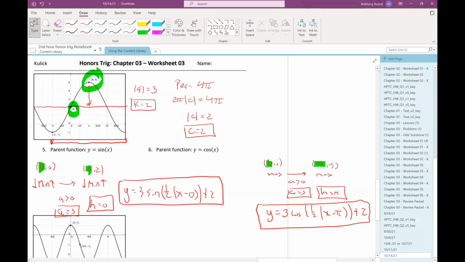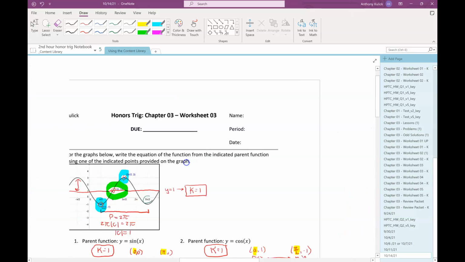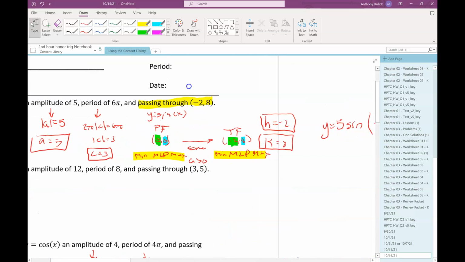Oh, okay, so the k will have to be the same in a picture. And even if you have a problem where the point you're given is specific, like this point is a maximum, a minimum, or a midline point, then the k is going to be the same for both. The only place where it can change is in those very first problems on the worksheet we did, where the question just says a point.